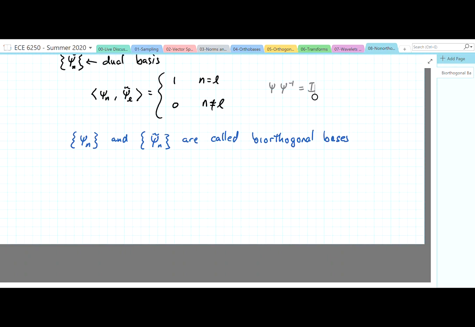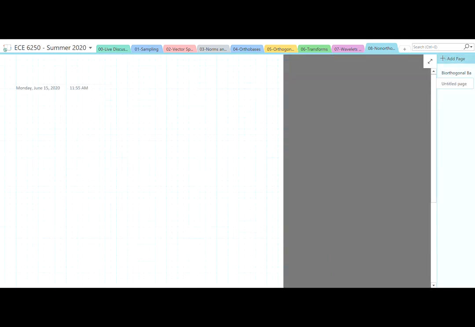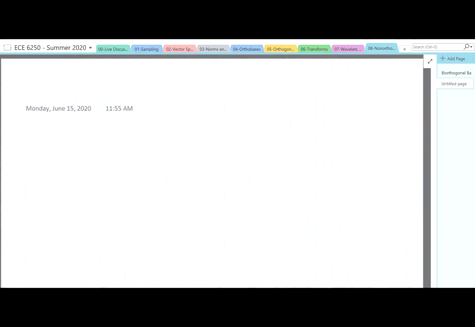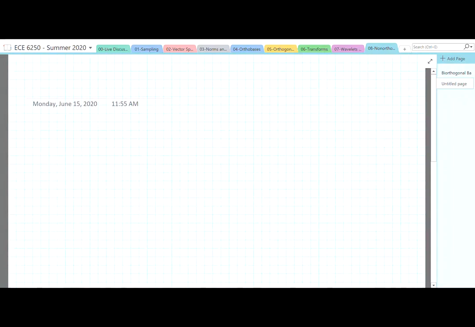So let me introduce next the concept of bases for subspaces of Rn, and then I'll give some examples that we can work from.